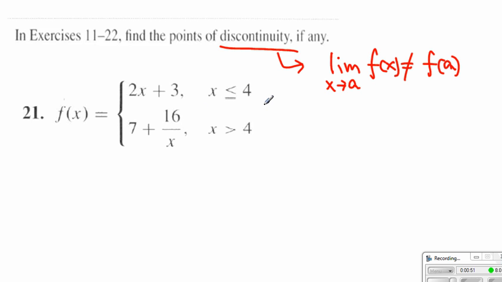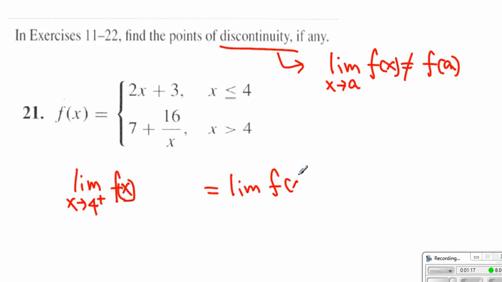About 4, in order for us to evaluate the limit, what we end up getting is this. Limit of the function f of x as x approaches 4. When we're looking at one-sided limits, the limit from the right has to be equal to the limit of the function as x approaches 4 from the left.